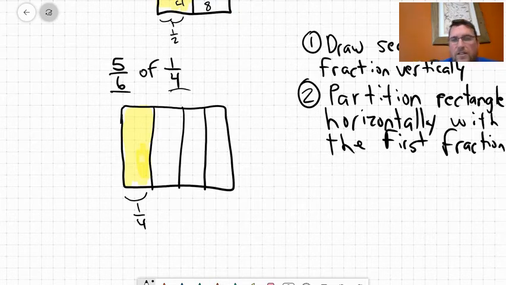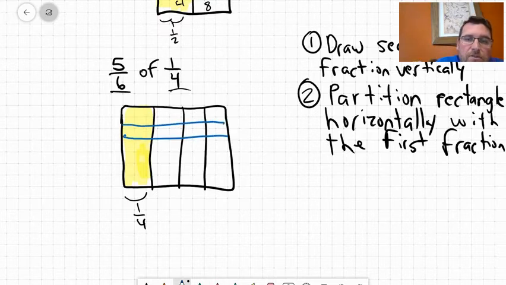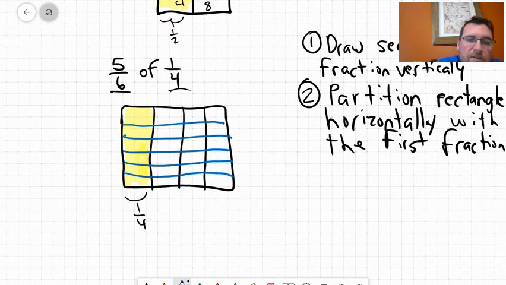So I want 6 equal pieces. So if I want 6 equal pieces going horizontally, I want to draw how many lines? I want to draw 5 lines. 1, 2, 3, 4, 5. And you'll see if I were to just label the rows, I'd have 1, 2, 3, 4. I have 6 rows. Now, how many of those rows do I need to color in? Well, I need to color in 5 of those 6 rows.